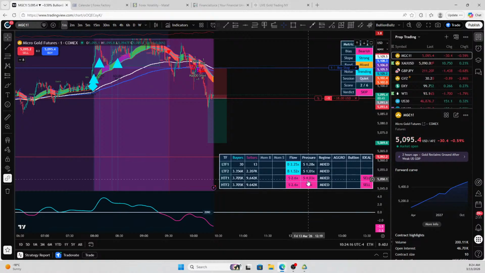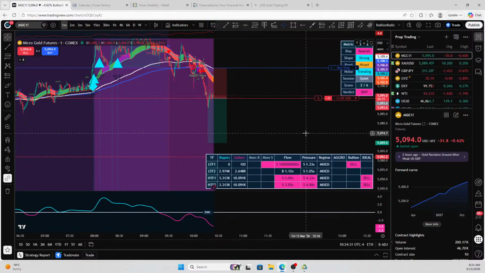Okay, so this pressure is starting to come down, guys. It's at 4 right now. If it goes to 2, we will be closing our trade. I don't want to be holding a losing trade. In trading, nothing is guaranteed. Even if you take a trade and everything looks perfect, the trade might not pan out as you expected.